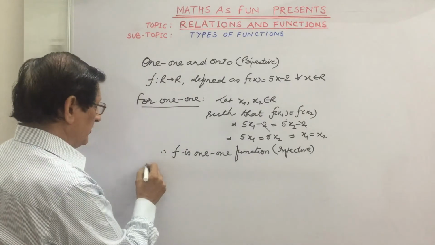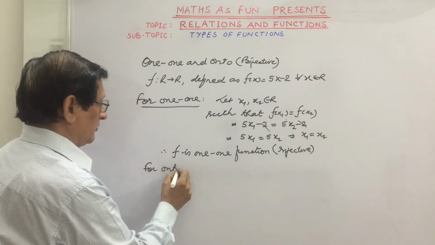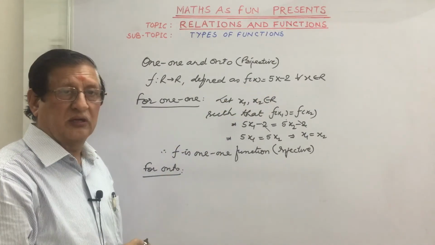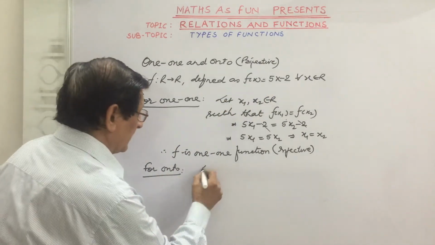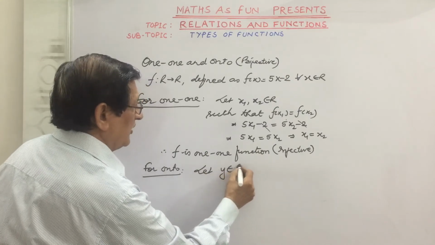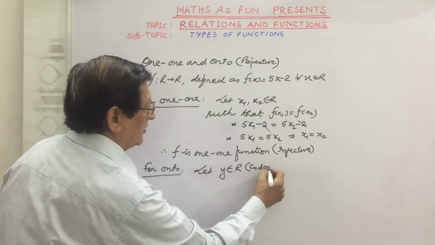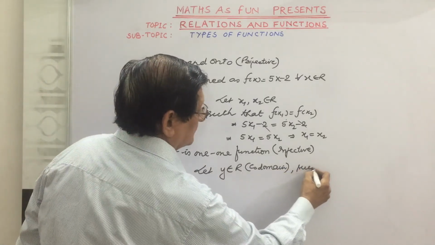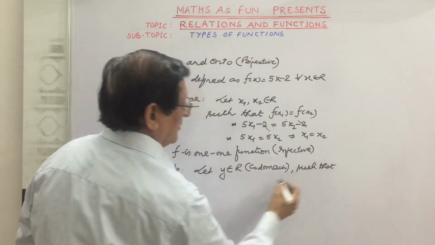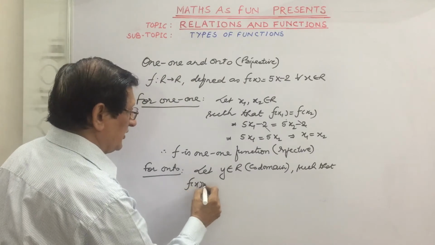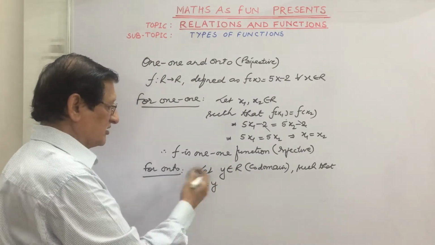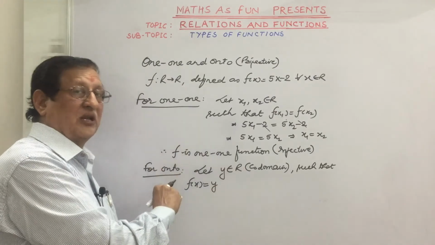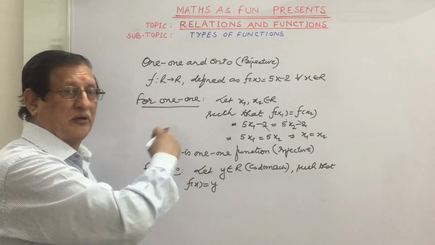Now we go for onto. For onto we take any element in the codomain. So we take let y belong to R, codomain, such that f(x) is equal to y. There is some element x whose image is y. Now we have to see whether x is lying in the domain or not.